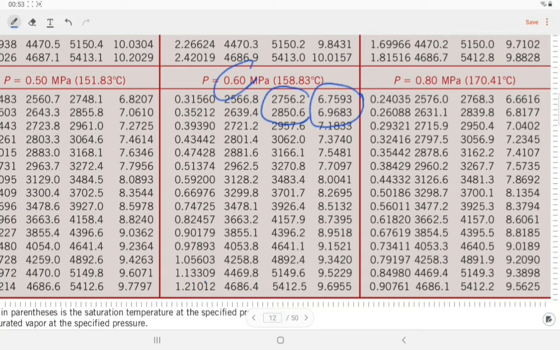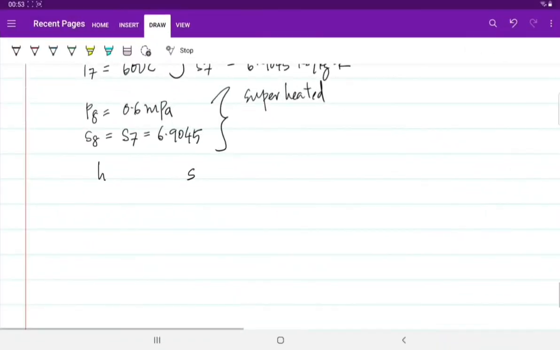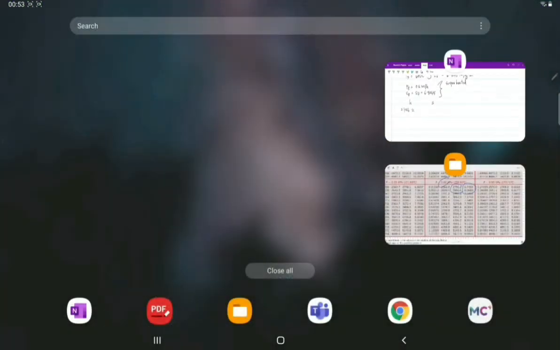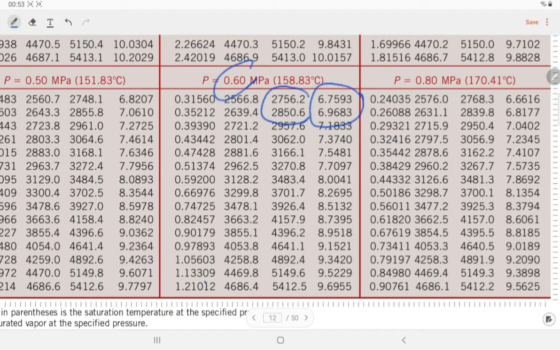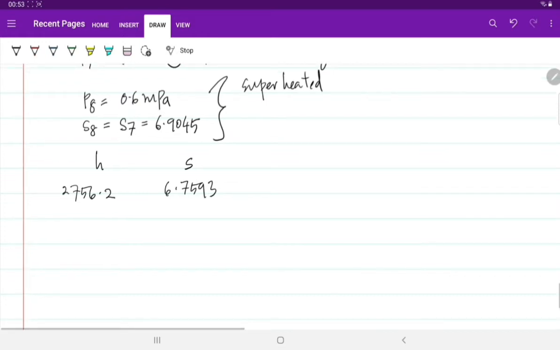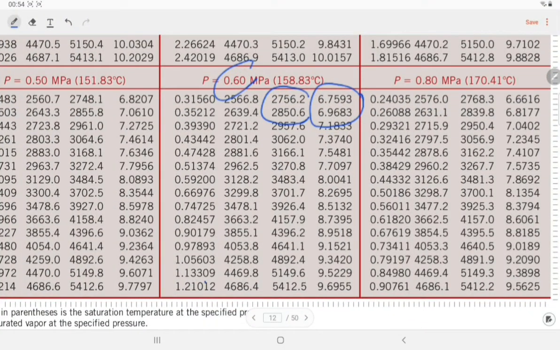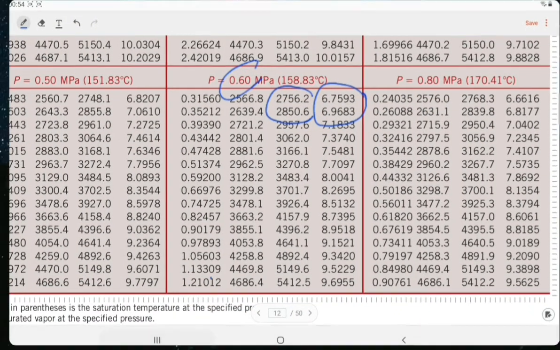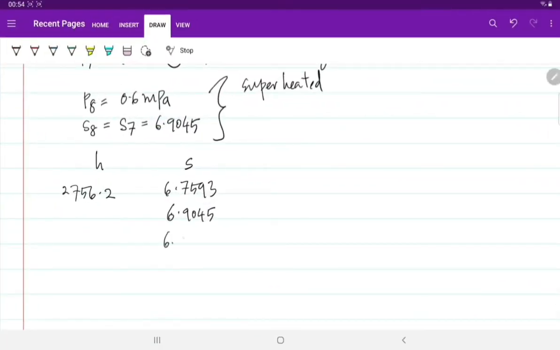You have 2756.2, 6.7593, and the entropy that we are looking for is 6.9045, then 6.9683.